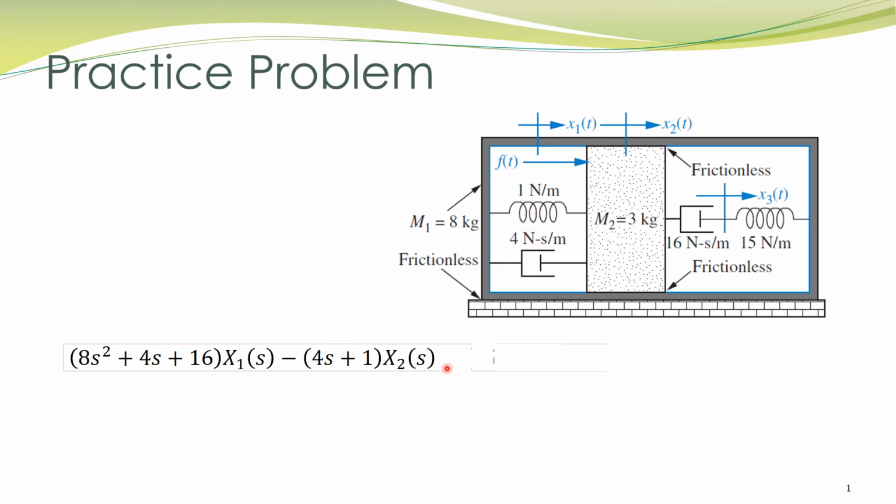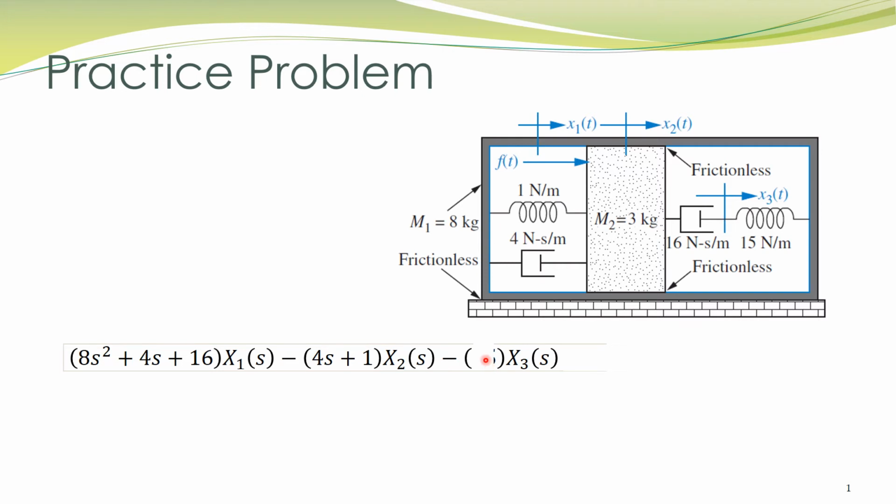The third term is x3 of s multiplied by the sum of the impedances which are common between displacement x1 and x3. So what are those impedances? This spring is connected to both the displacement x1 and x3.